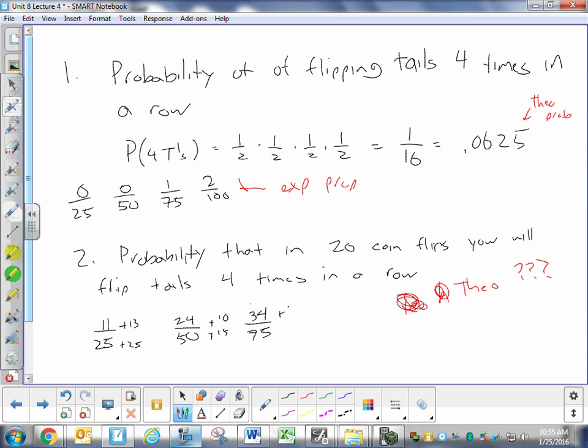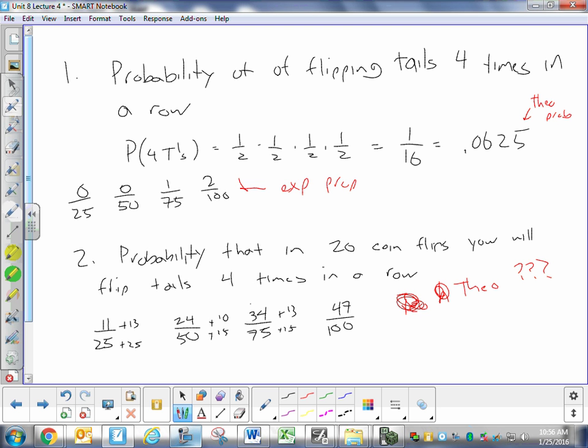Notice our numbers of successful trials are almost crazily consistent. 11, 13, 10, 13. This is going to be 47 out of 100.